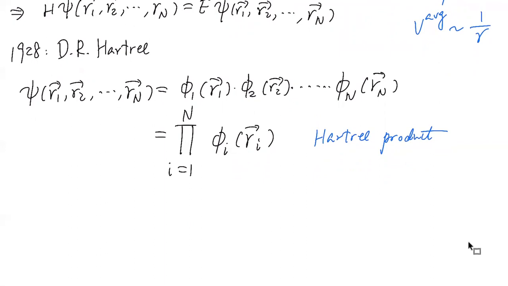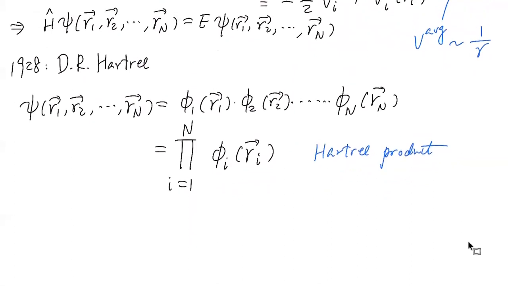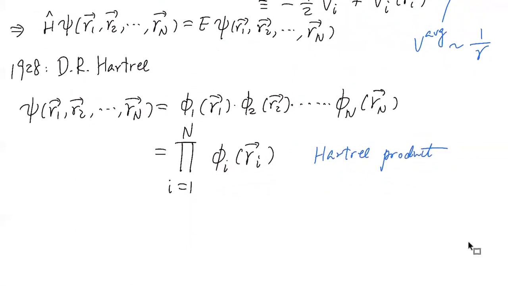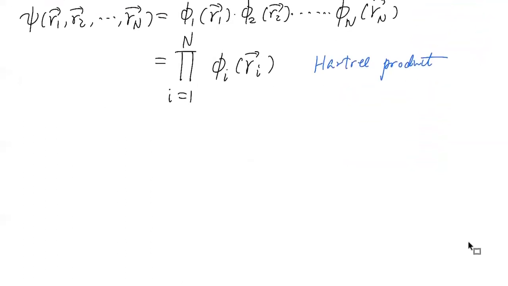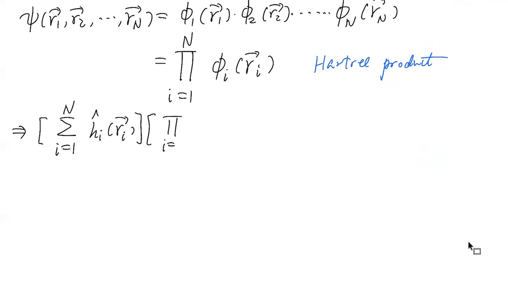Okay. And therefore, by plugging this Hartree product back into the many-body Schrödinger equation, we have: the Hamiltonian is the summation of n terms, h_i of r_i, and the many-body wave function, by using the Hartree product, is a product of n terms.